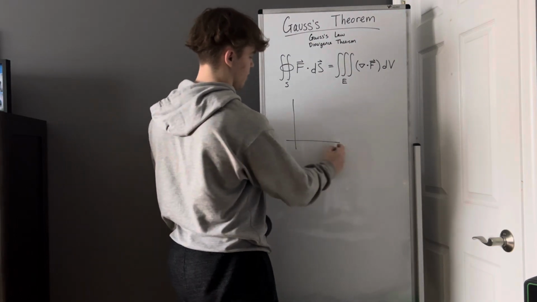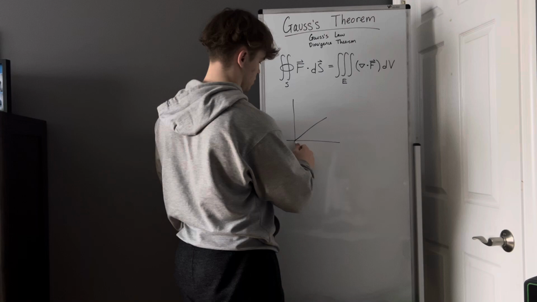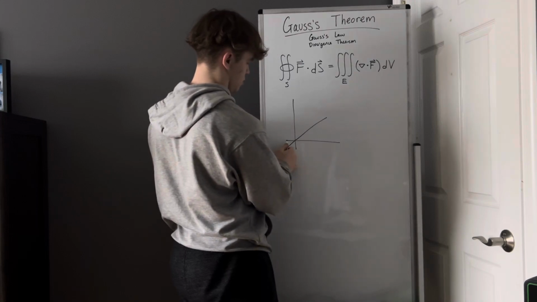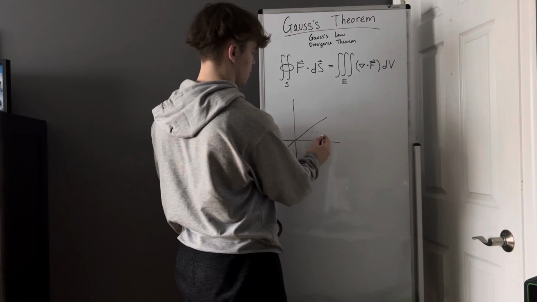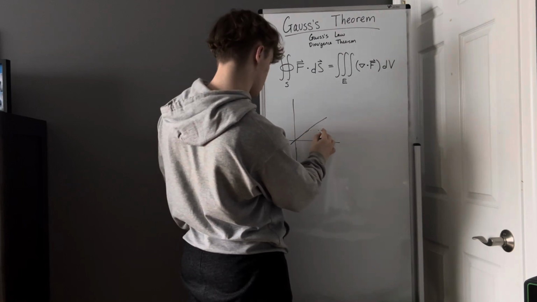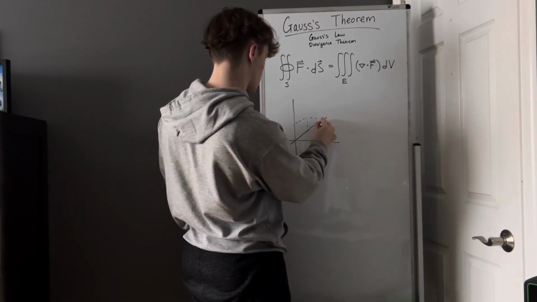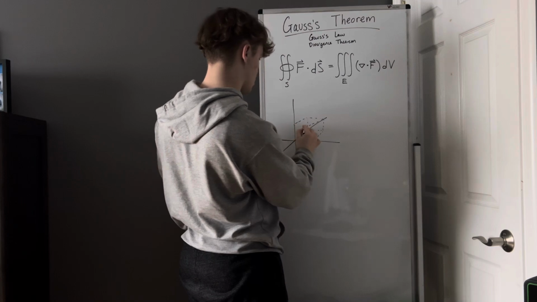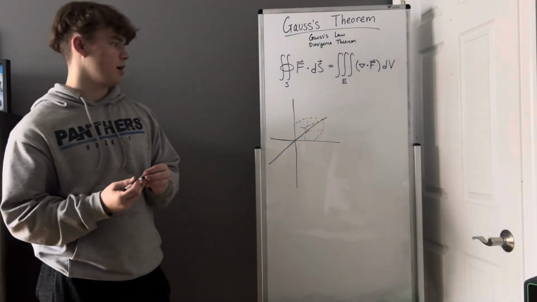So if we have some type of surface, let's say a little cube here. This cube is closed, like that cube right there.